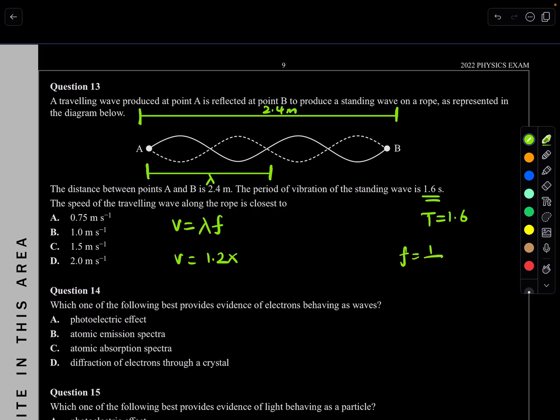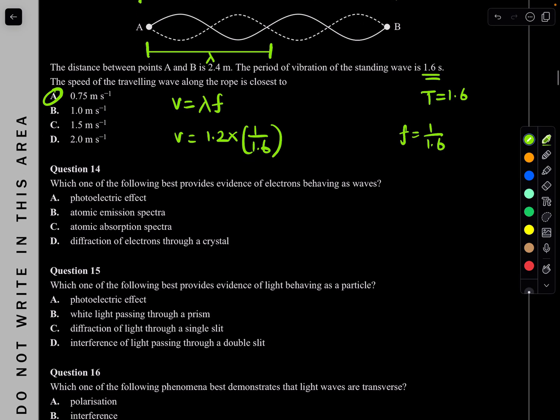Frequency is just 1 over T, the period, so 1 over 1.6. That gives me 0.75 meters per second, so A.